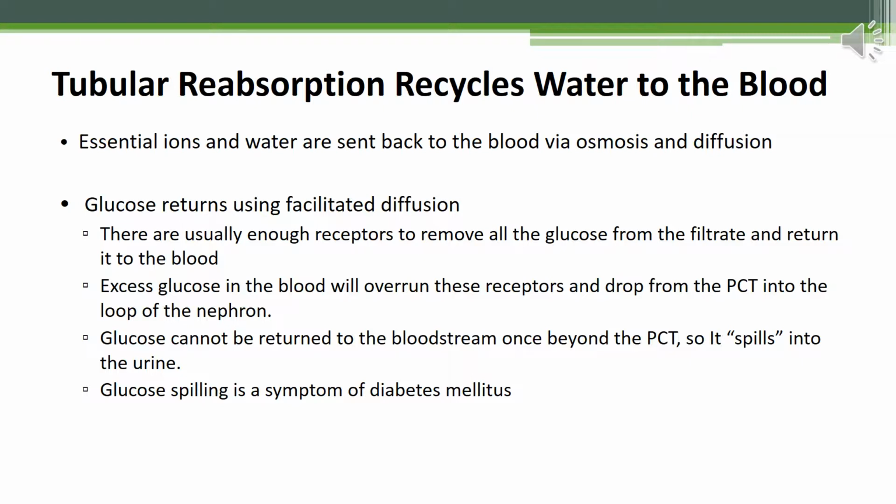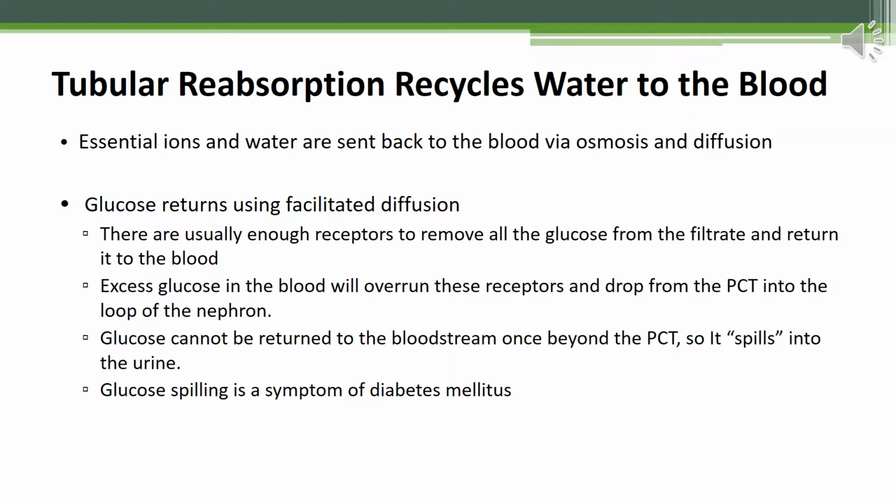However, if we have excess glucose in the blood, it will overrun these receptors and drop from the proximal convoluted tubule into the loop of the nephron. And glucose cannot be returned to the bloodstream once it drops into the loop of the nephron beyond the PCT.